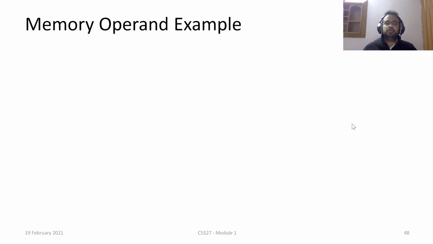A couple of examples where memory operands are required, like I mentioned, are the load instructions and store instructions. To understand them, let's look at a simple C code. Here, what we want to do is add a value h to the element A of 10 and write it to the element A of 12.